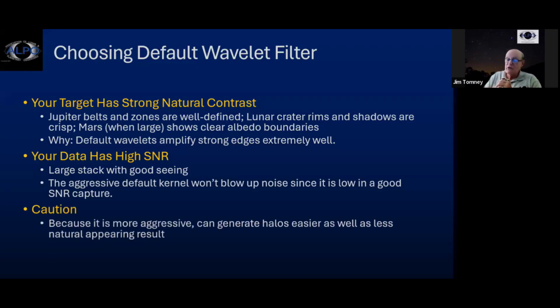Of course, because it is more aggressive, it can generate halos more easily, and if you push it too hard, you're going to get a less natural appearing result. So again, you understand a little bit of the science behind it, but there's still a bit of the art in terms of how hard you're going to push those layers in default or in the Gaussian interface.